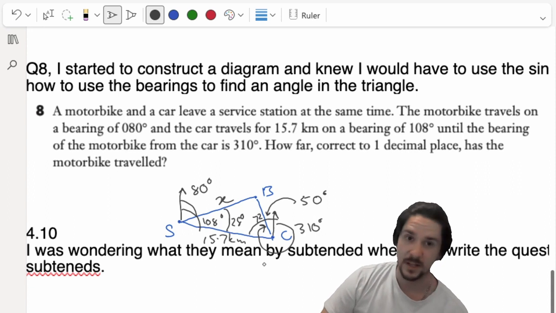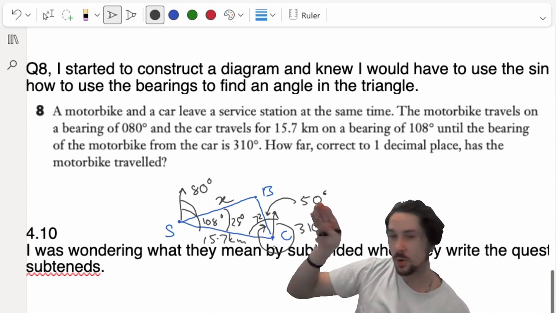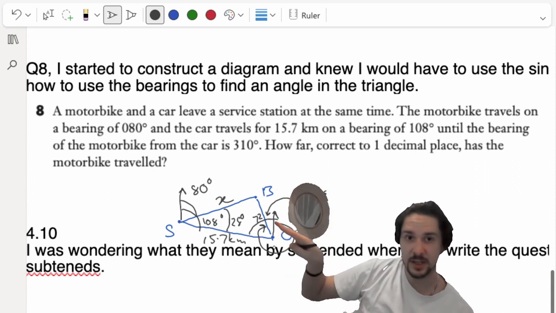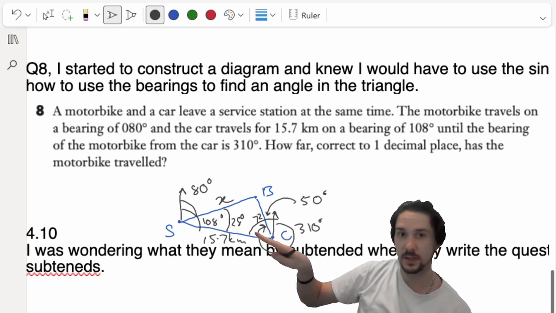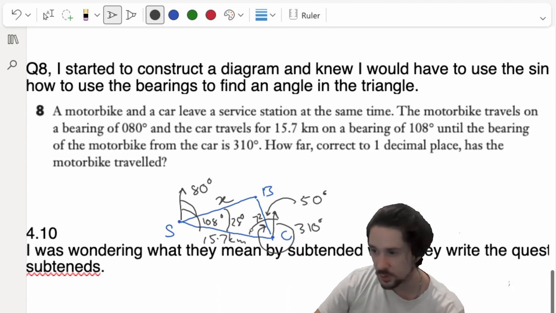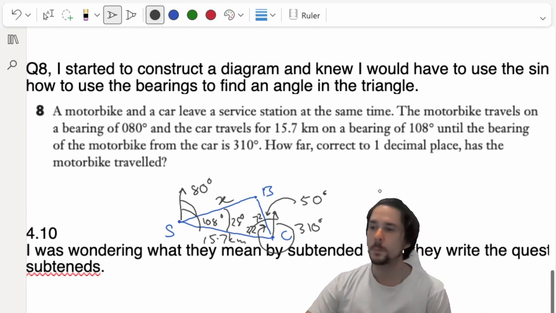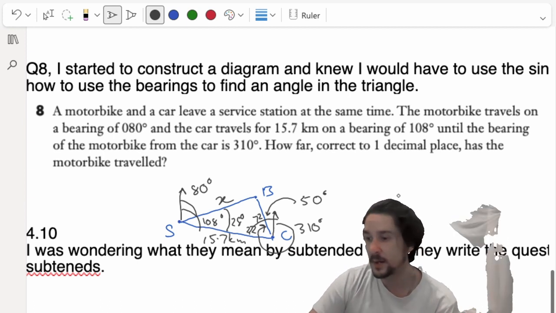I know this diagram's getting really crowded. And we know that we have 50 degrees just here, which means that this is 22 in here. So we have 28 and 22. I'll write 22, but it's going to be super hard to read, so I really just hope you understand how I got it. All right, now we can use the sine rule.